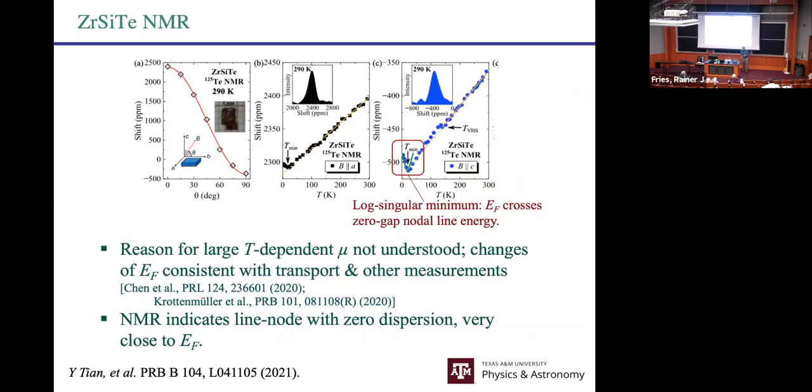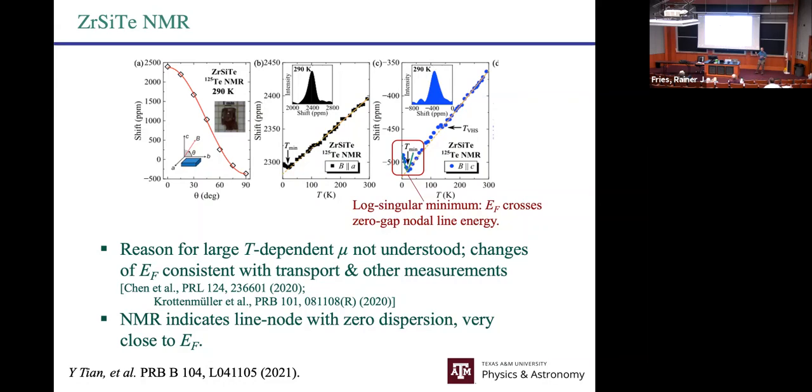Okay, so NMR on this system. In this case, we collaborate with a group from Penn State, and we have a single crystal of this material. This shows the behavior for two different orientations. And what we see here is an interesting minimum. And so this is also a crossing of the type we saw for the zirconium Te5. That crossing has the log singular behavior, which I skipped over for the ZrTe2, but has a log singular type minimum that corresponds to a quasi two-dimensional Dirac system.